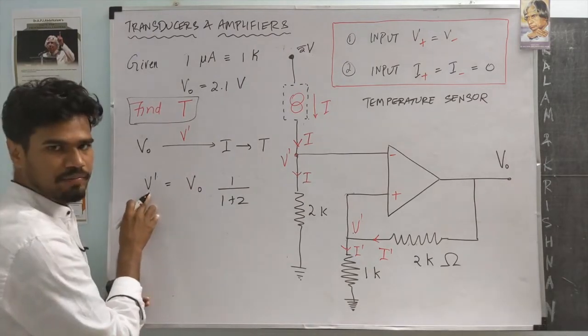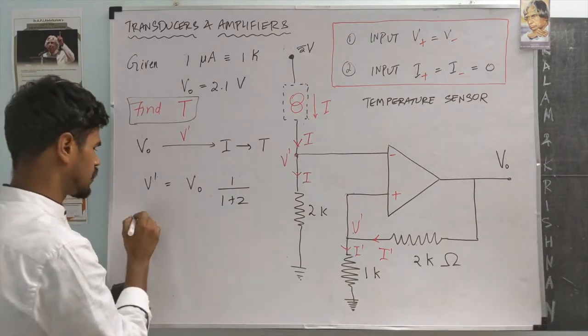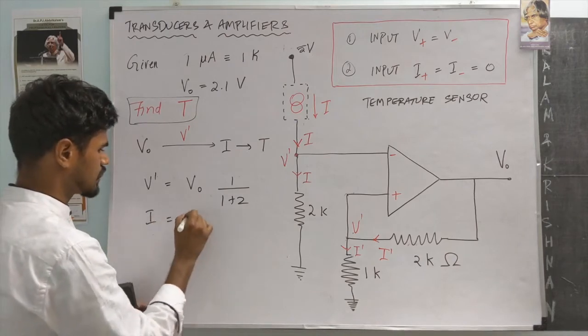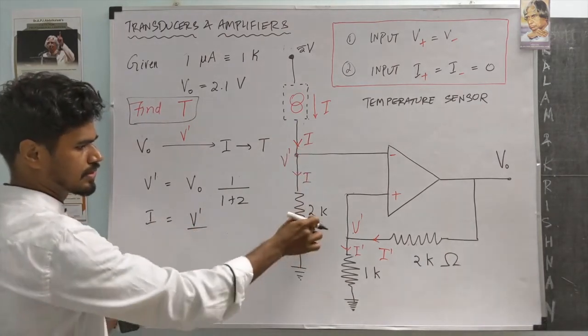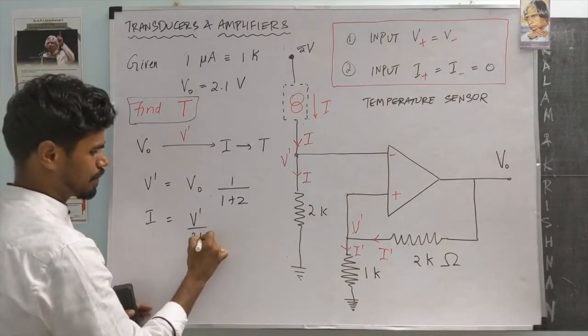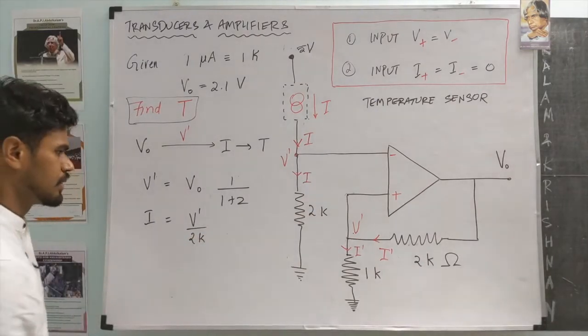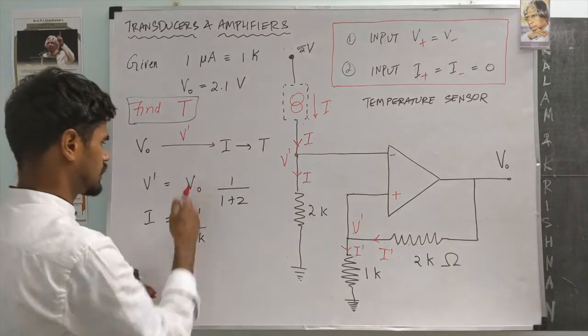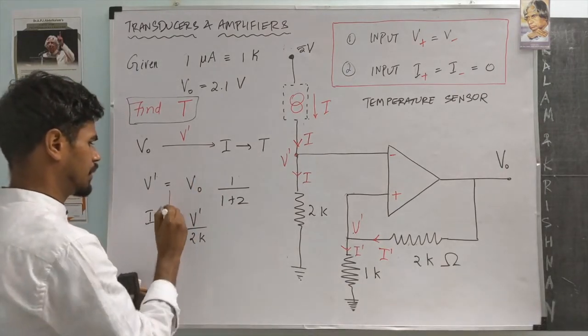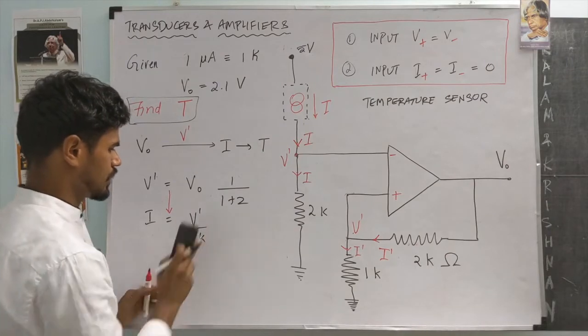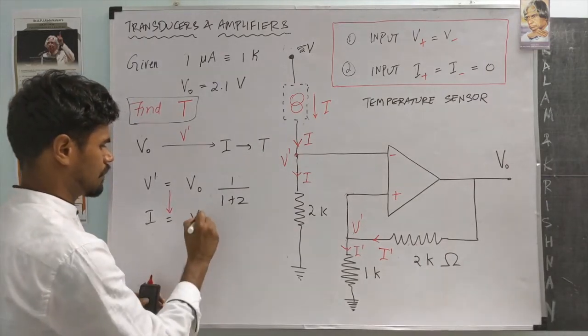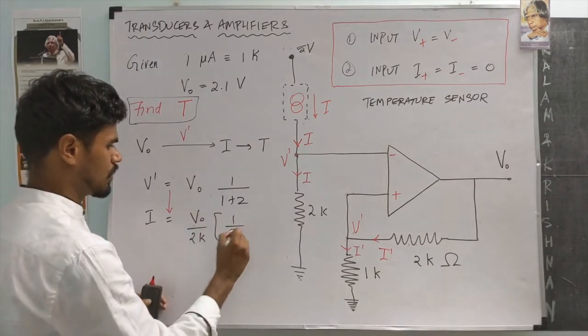Now we have V dash. With V dash, what is I? I is V dash divided by this resistance of 2K. Let's plug this information in. This becomes V naught into 1 by 1 plus 2, divided by 2.